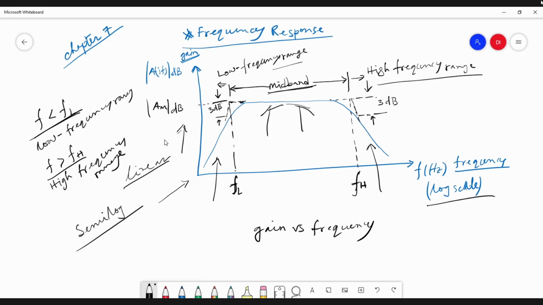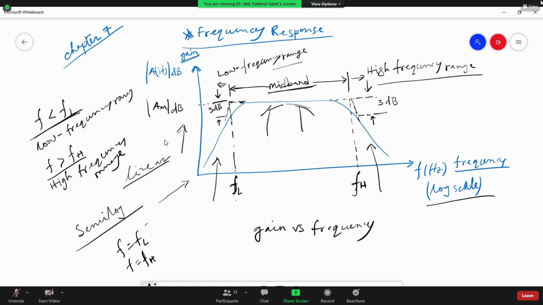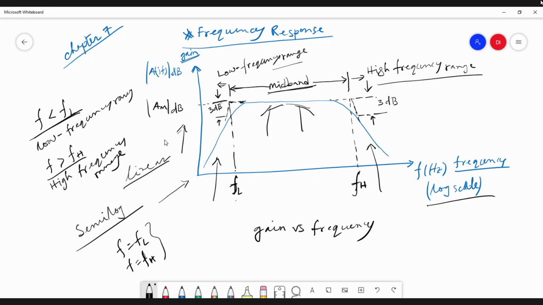If f is equal to FL, or f is equal to FH, this point is called 3 dB. It is always less than the maximum midband gain, because the slope starts from this portion.